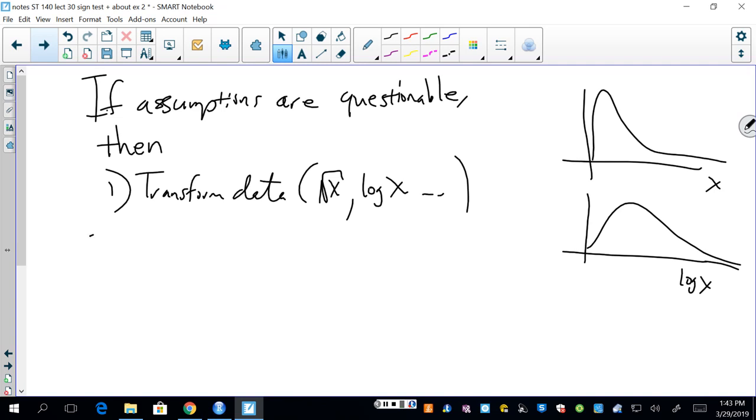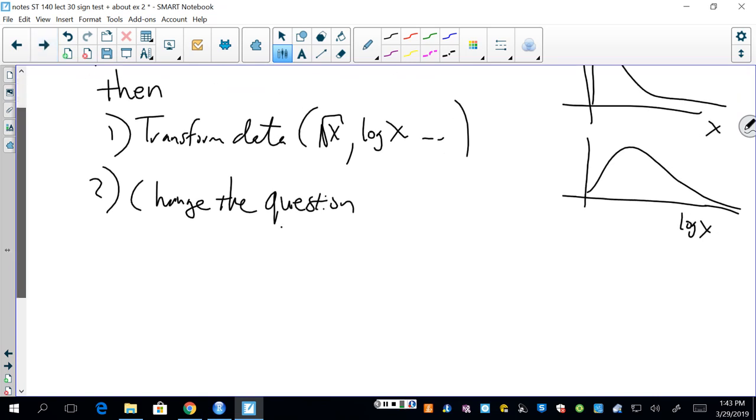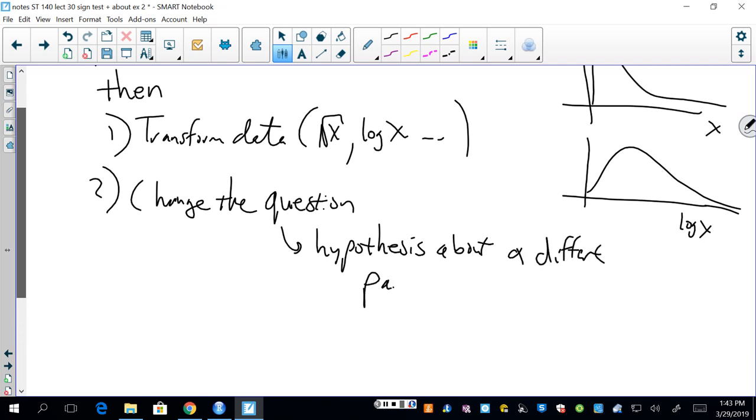The other thing is change the question. By that, we're going to do a hypothesis about a different parameter or characteristic of the distribution.